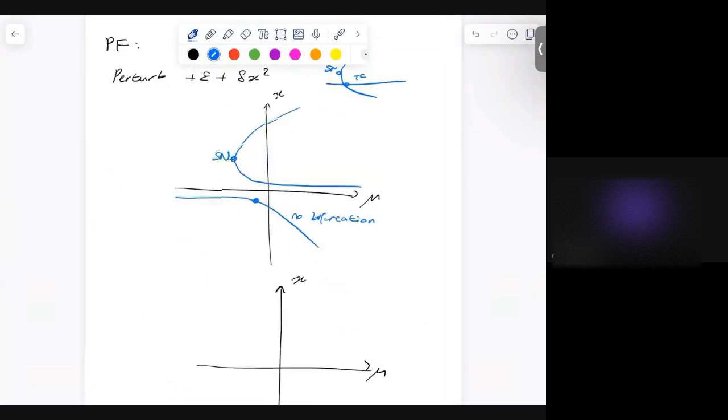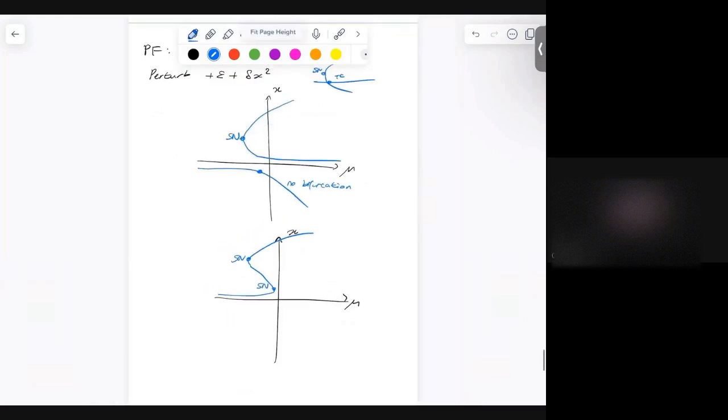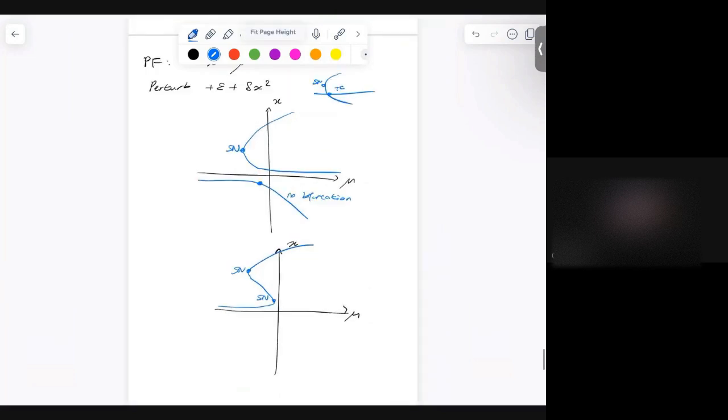I wonder if this is possible, where we get a saddle this way and a saddle that way. So which diagrams are those two saddles coming from?